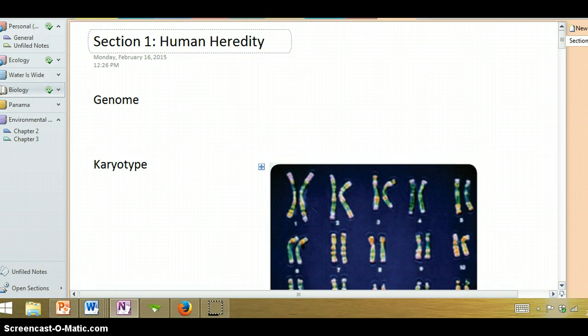What is the genome? Well, it is basically the sum total of all the genes you have, and the chromosomes they're on.